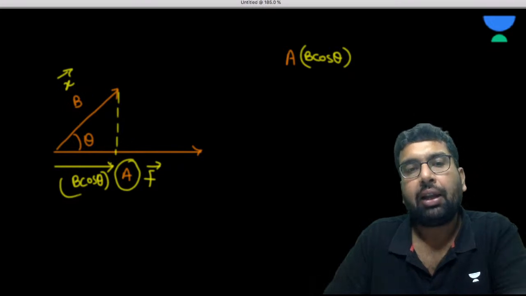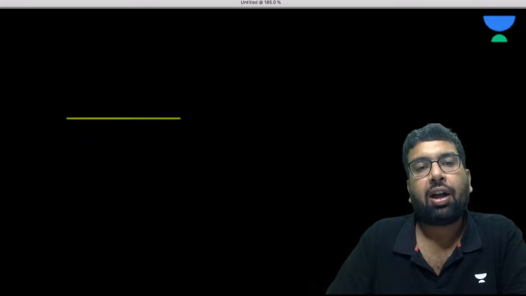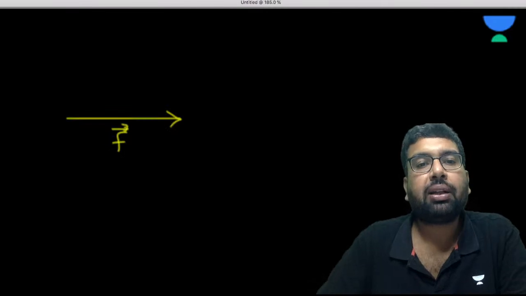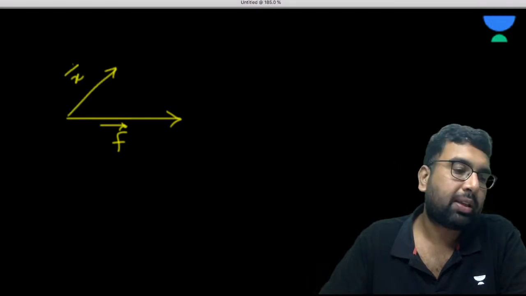Okay. Let's say we have a vector force F. Let's try to understand this with the help of work. And this is the direction of the displacement.